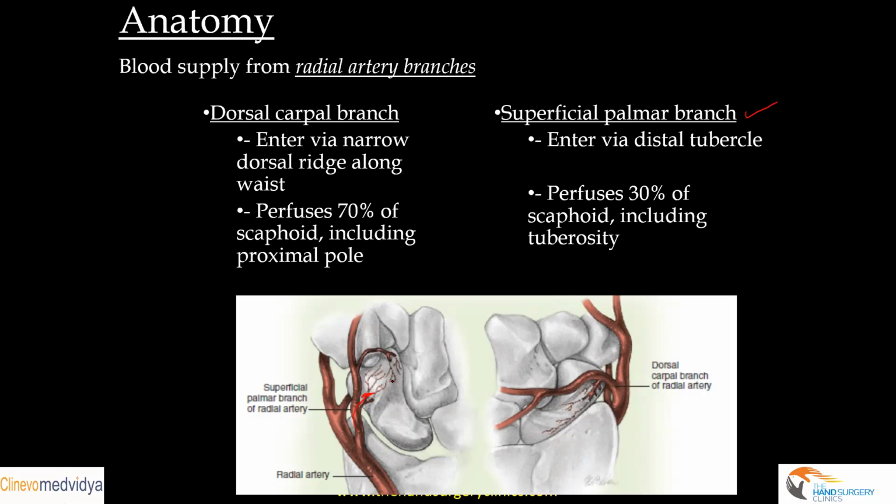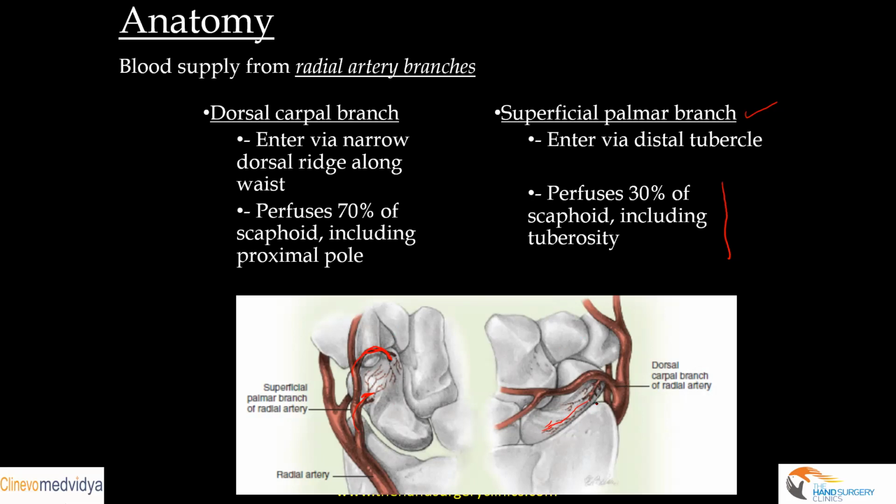And this particular branch will perfuse about 70% of the scaphoid, including the proximal pole. So there are branches going all the way to the proximal pole as well. Whereas the superficial palmar branch enters through the distal tubercle, as you can see here, and perfuses about 30% of the scaphoid, including the tuberosity of the scaphoid.